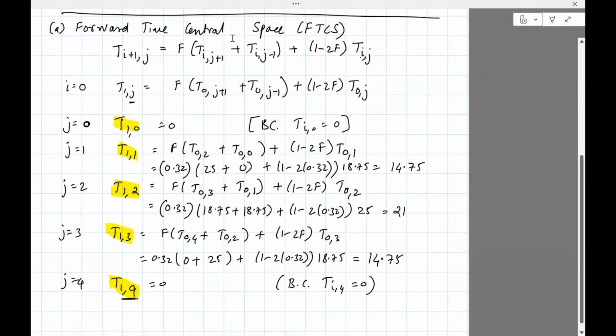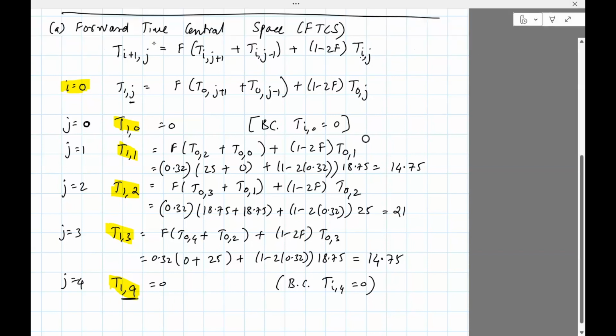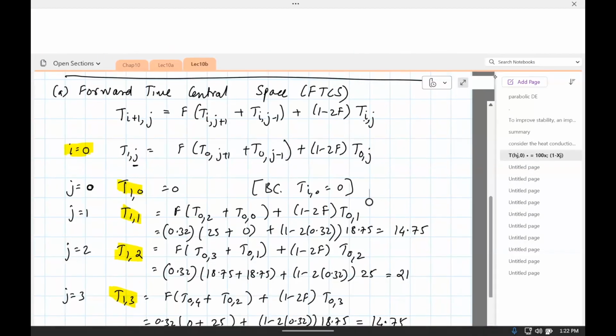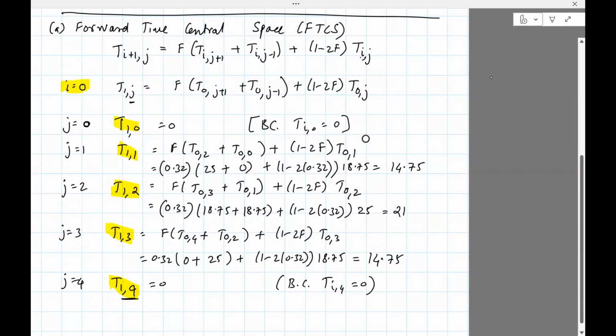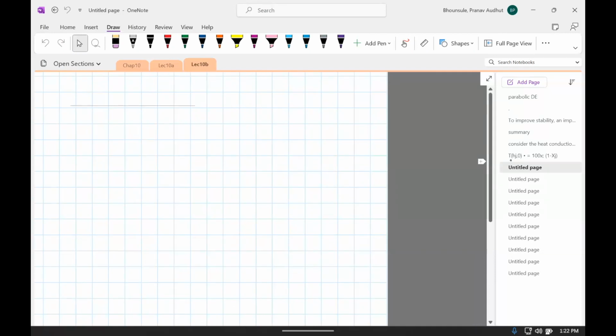Okay, so this is for i equals 0. We have to now proceed to i equals 1. So let me write that down, and then I'll let you do the remaining ones at home. So let's do i equals 1.